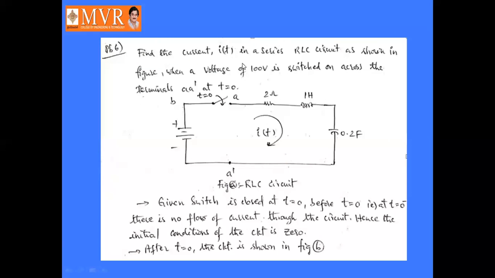So here 100 volts is switched on across the terminals at t equal to 0. We have to find the current i of t in a series RLC circuit.